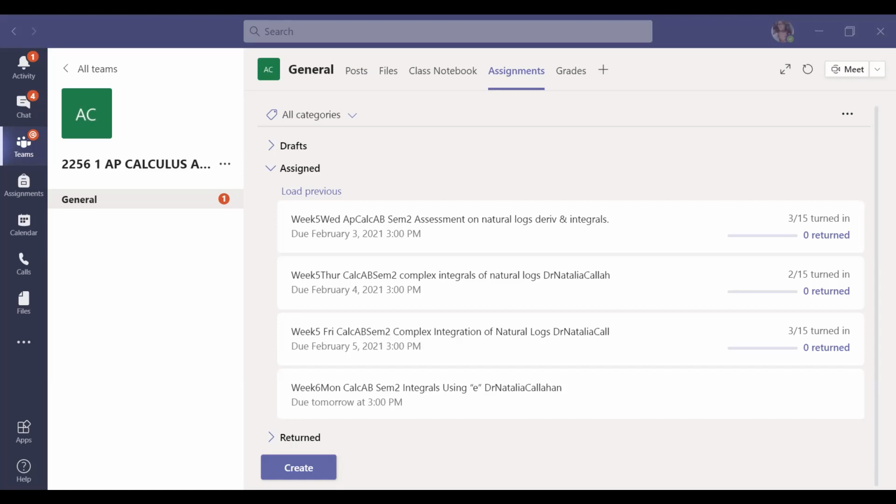The integral of 1 over u is ln u, and u in this case is 1 plus cosine x, plus c. And of course, you want to evaluate this from 3 pi over 4 to pi over 4.